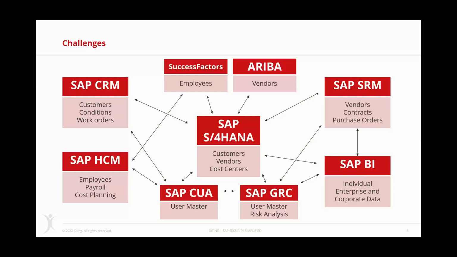So it's an ever-growing landscape. It's going hybrid now. We have cloud applications that are extending on-premise applications, and we really have to be very careful. How do we handle the authorizations and the security of those interfaces? That's very, very important.